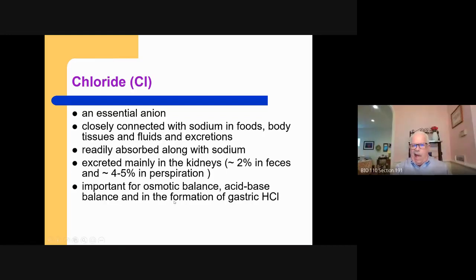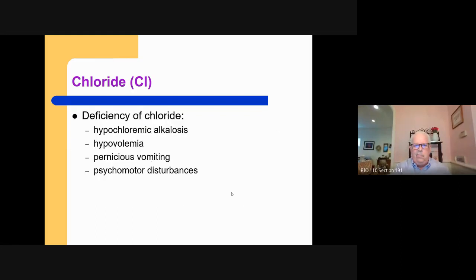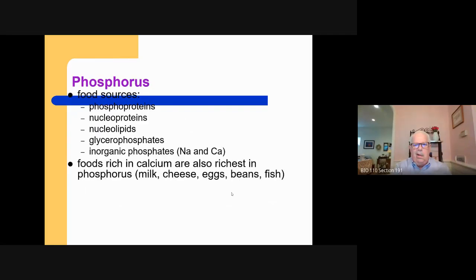It's for a pH balance, but what it does is form hydrochloric acid. Without chloride, you can't have hydrochloric acid. So chloride attaches to hydrogen and makes hydrochloric acid. It's essential in the stomach. A deficiency is very rare. Do not worry about it. What I want you to know about chloride is that it's essential for hydrochloric acid.